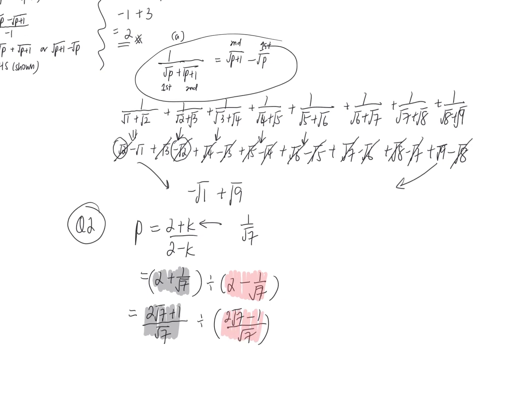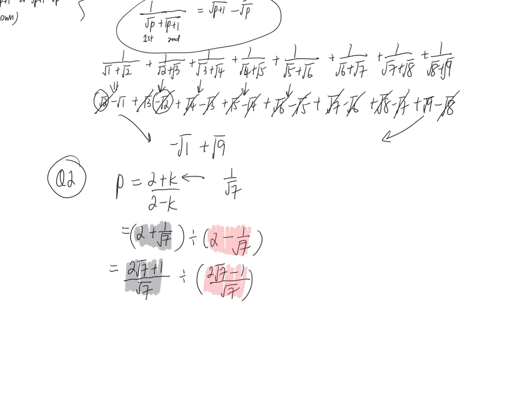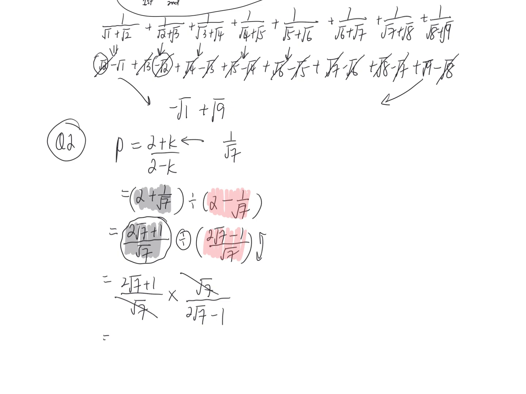Then now I do my keep, change, flip. So keep this. Change this. And flip this. Then I realize my root 7 cancels out. Then now I just have to do my rationalization.